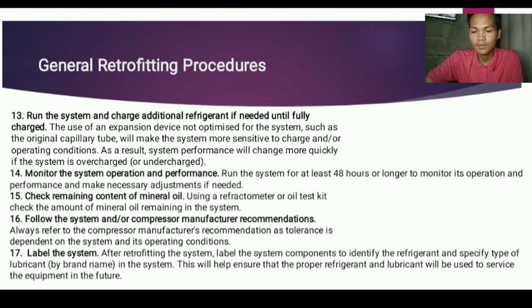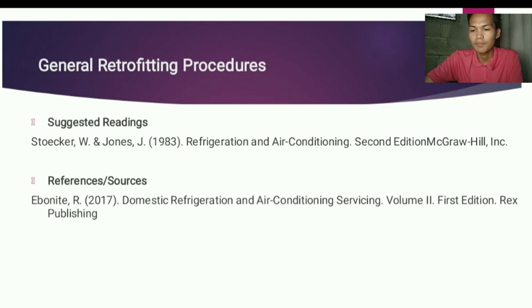This will help to ensure that the proper refrigerant and lubricants will be used to service the equipment in the future. And that's all for the general retrofitting process flow for refrigeration and air conditioning systems. Thank you.